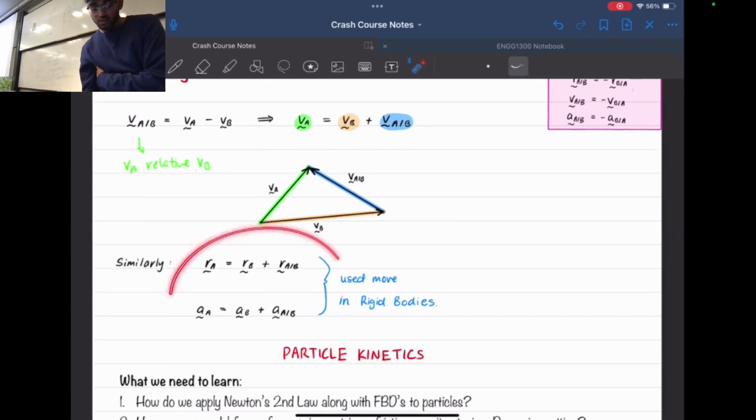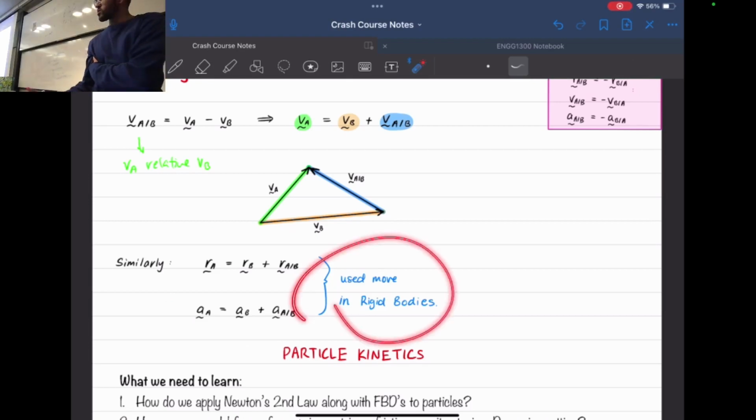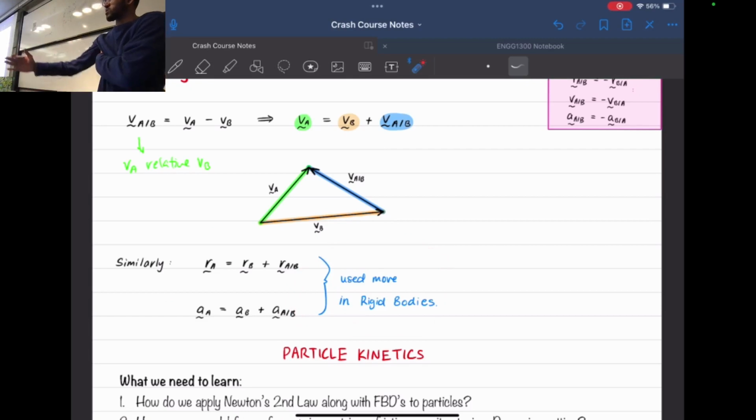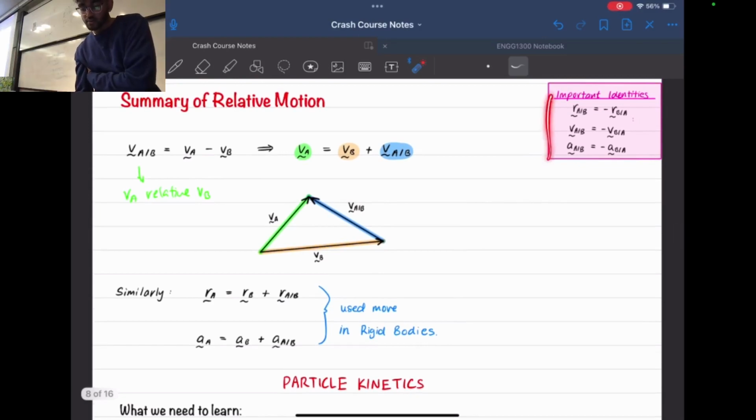And similarly, there are also relative motion formulas for position and acceleration. But this is more used in rigid bodies, which you guys will see towards the later end of the term. And there's also some important identities I put up here in the corner. I'll bring it back down actually.